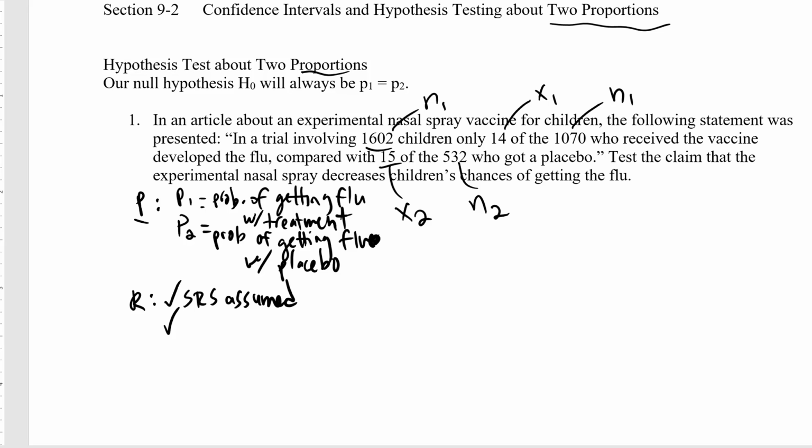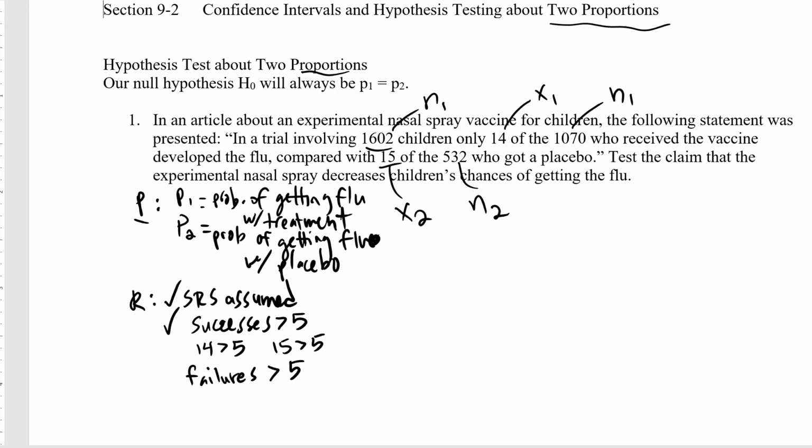So our successes must be greater than 5. Well, our first successes was 14, which is greater than 5, and our second successes was 15, which is greater than 5. And the failures must also be greater than 5. That's the rest of them.